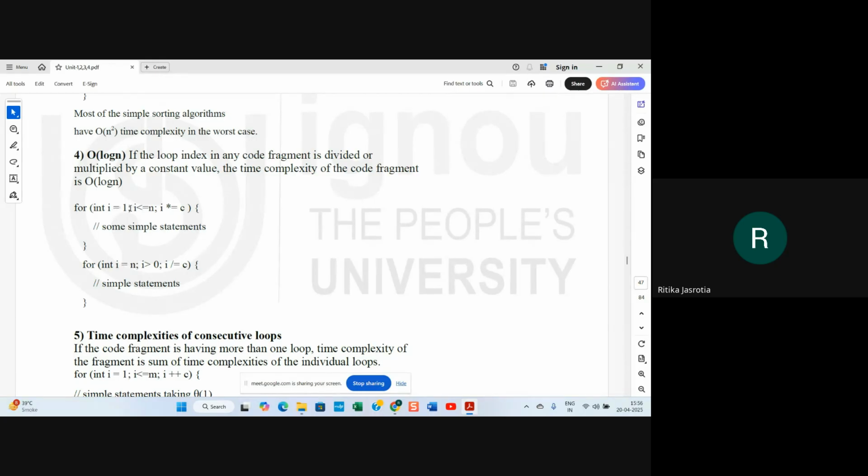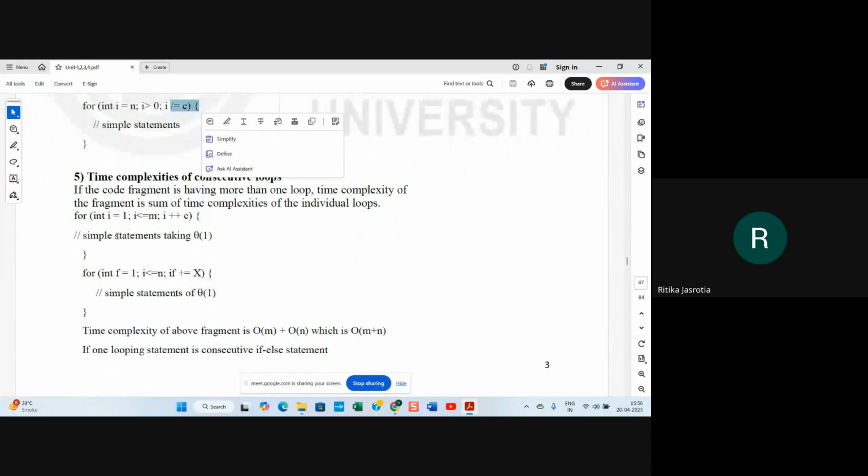So you are initializing, the condition is there, and in the increment or decrement you are multiplying, and here you are dividing. So then the loop index gives O(log n) time complexity.